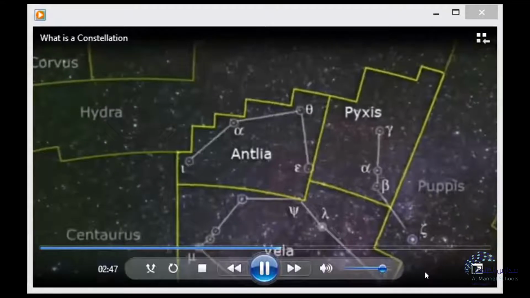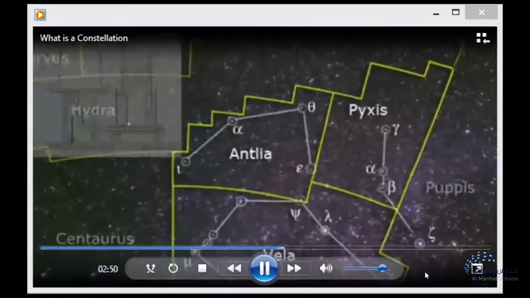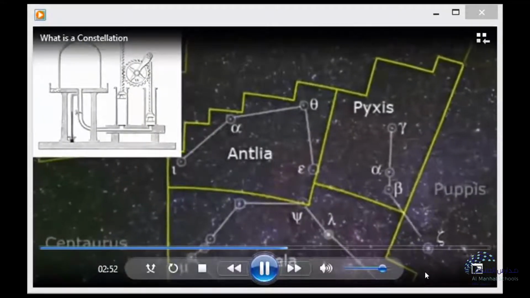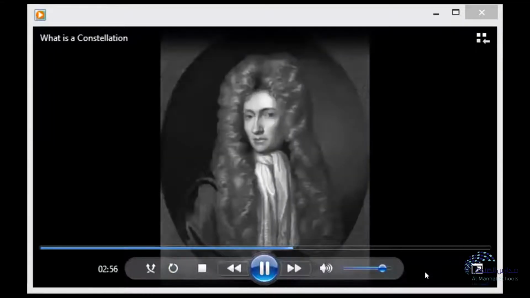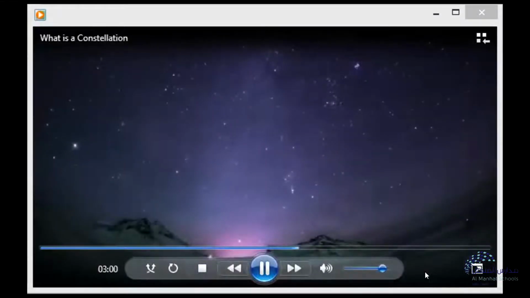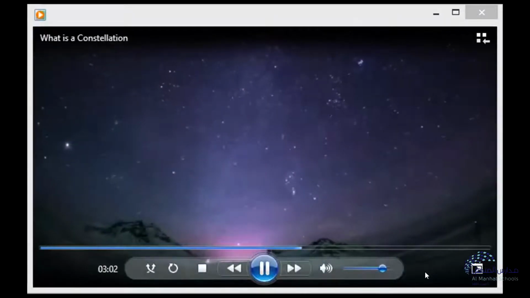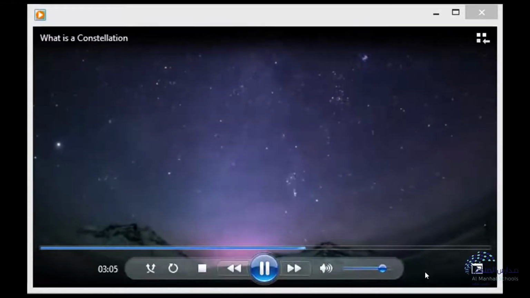For example, the constellation Antlia represents the air pump. It was named in the 17th century after physicist Robert Boyle, who invented the compressed air pump. The names of the southern constellations seem to have a lot less ingenuity when compared to the glorious northern constellations.